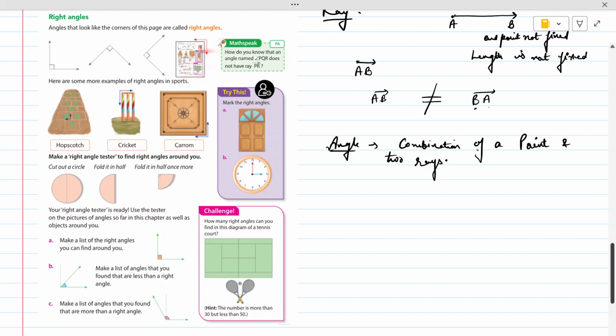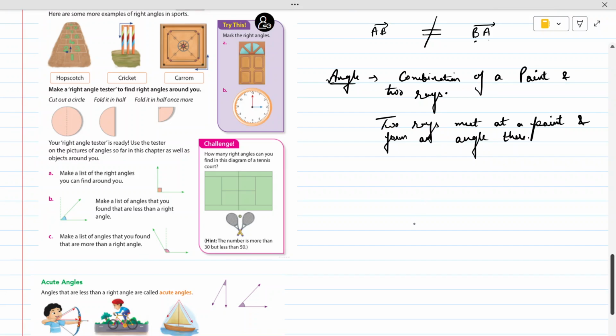Okay, and we can also say that two rays meet at a point and form an angle there. So what does that mean? Let's see. Here, first of all, I'm taking a point. I'm taking a point A.